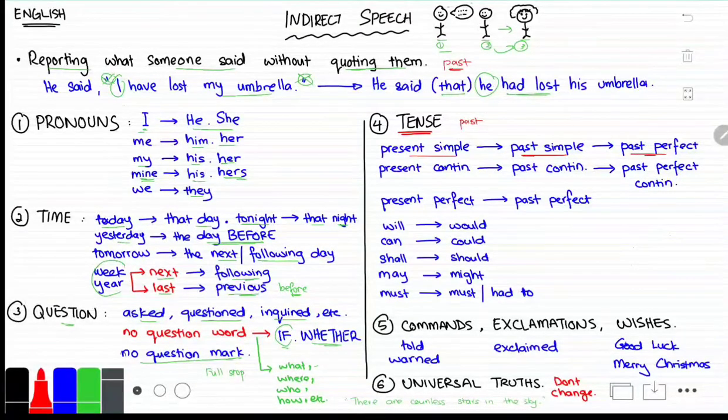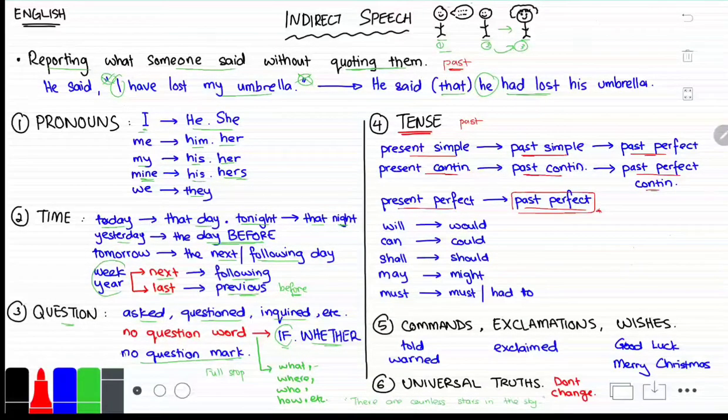All right? If we have the present continuous, we change it to a past continuous. And the past continuous changes to the past perfect continuous. Present perfect changes to past perfect. But what about past perfect itself? If we have a sentence in the past perfect, it stays in the past perfect.